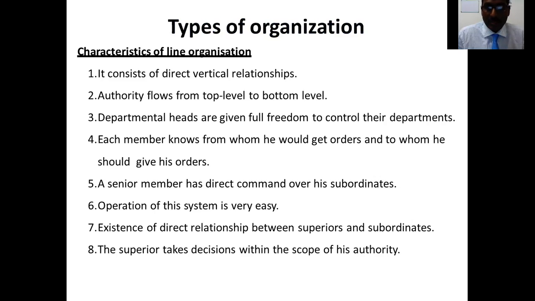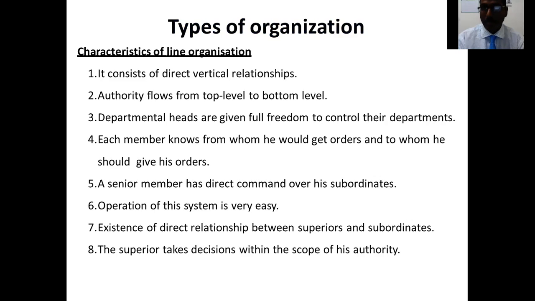Operation of the system is very easy, as it is very straightforward and simple. In the organization, there is no complication. Existence of direct relationship between superiors and subordinates. Since the order is given by a manager or supervisor to their immediate subordinate, there is always communication, and this may lead to a good direct relationship.